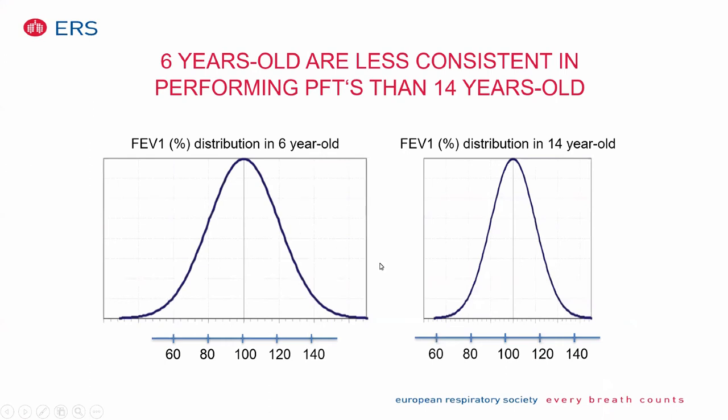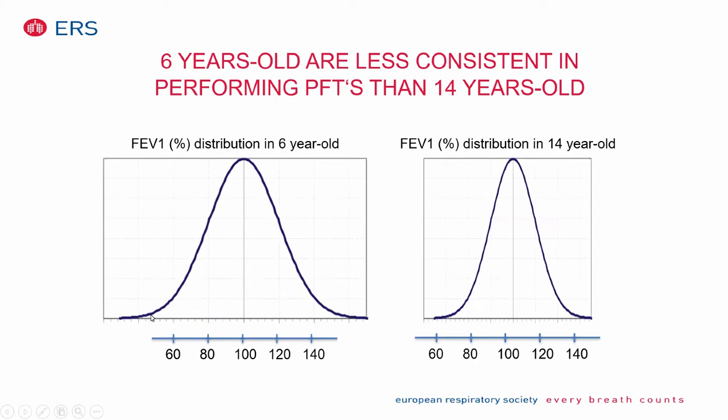If we have two groups of children who perform spirometry, a group of 6-year-olds and a group of 14-year-olds, healthy children, no lung disease, you will have a different distribution of FEV1 values. Amongst the 6-year-old children, some will be not very good at performing the lung function tests.